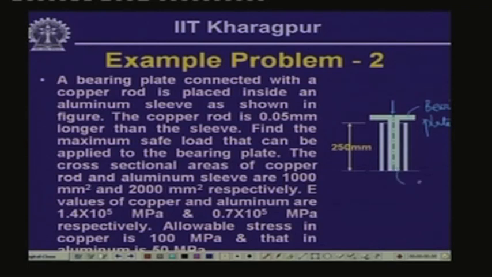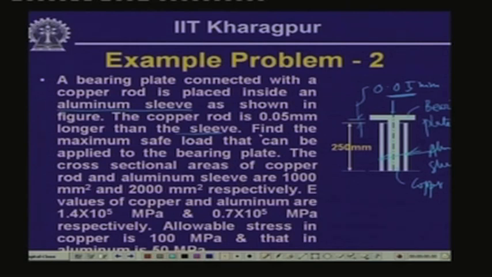So, this is the copper rod and this is the aluminum sleeve. The copper rod is 0.05 millimeter longer than the sleeve. So, this gap is 0.05 millimeter.